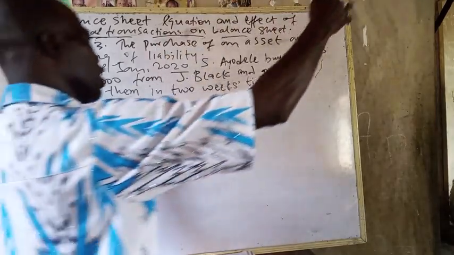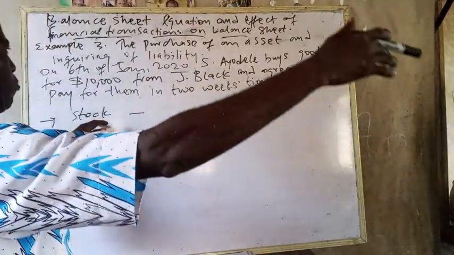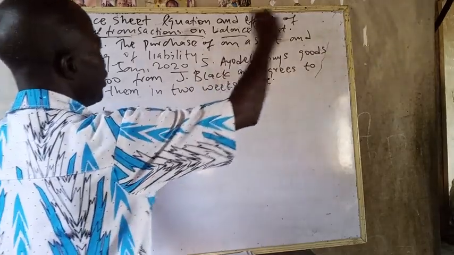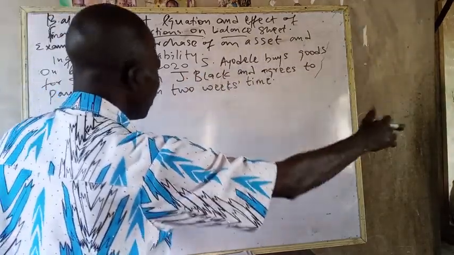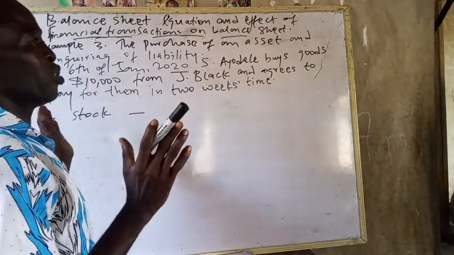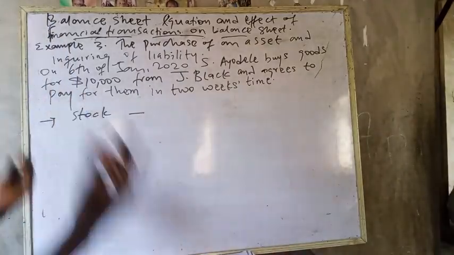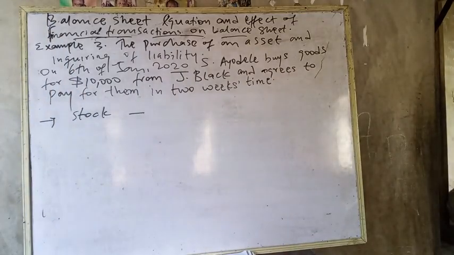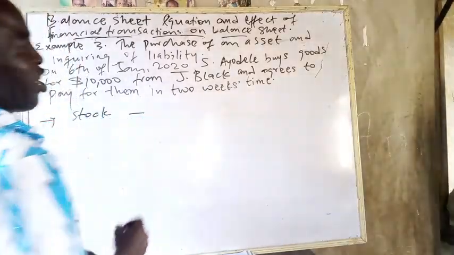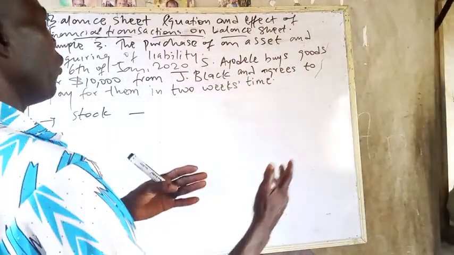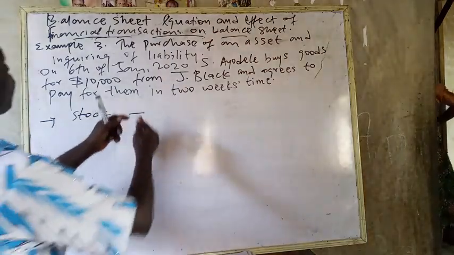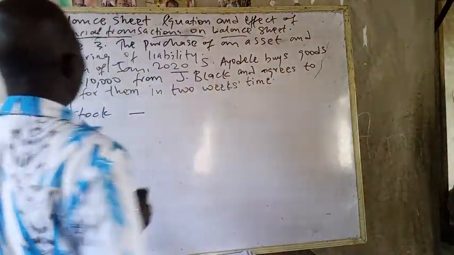The double entry is purchases, and the name of the person bought from will be entered. But the name of the person will not come to the balance sheet, because it is a summary of all the accounts, the balance that remains at the end of the period. But this is not the end of the period. This is at every point in time.